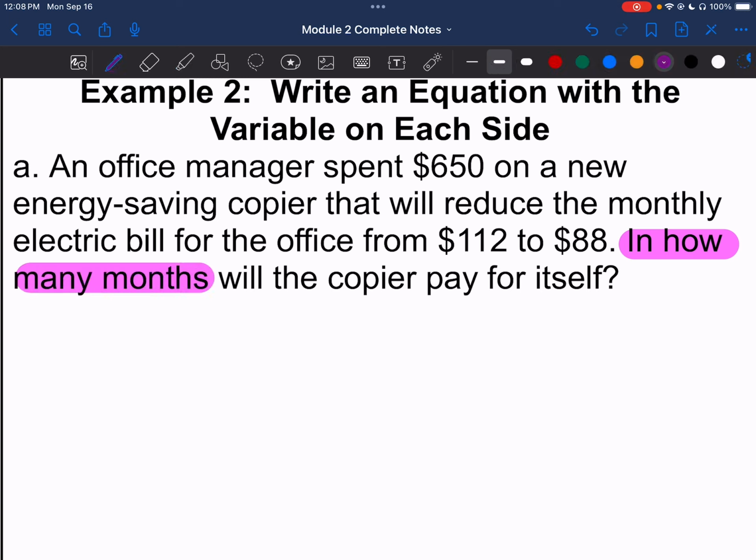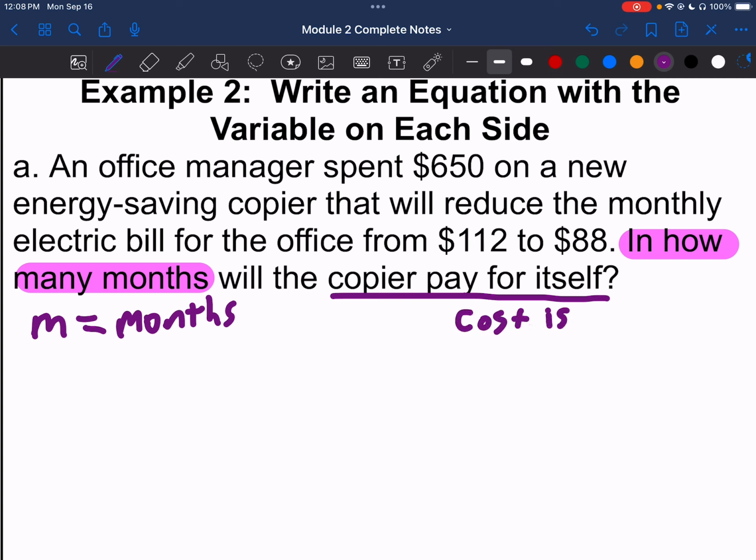Well, we're going to define our variable m equals months. And what does it mean for the copier to pay for itself? That means the cost is the same. So let's figure out what these costs are. Now, I know we're buying this brand new fancy copier, and that's going to be $650.